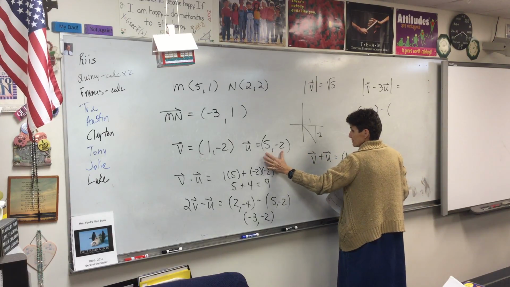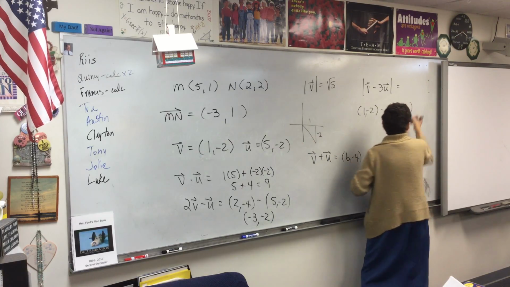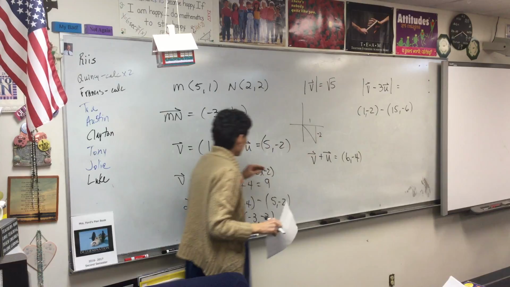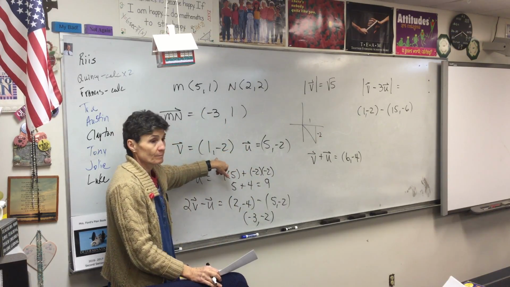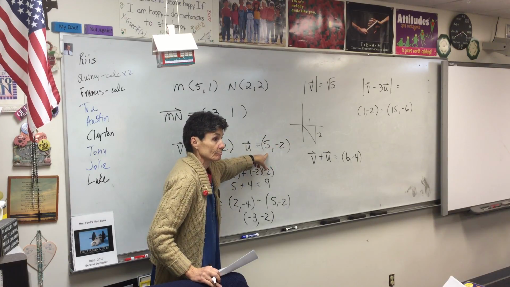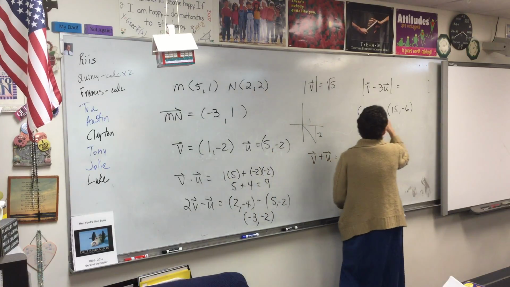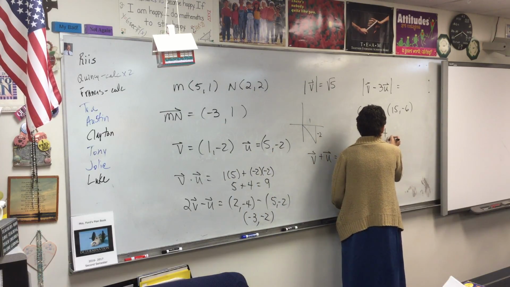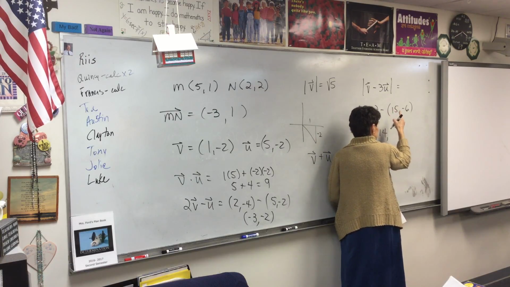Now, what would 3 of these be? 3 U's. 15, negative 6. So we're taking V minus 3 of these. All right, so here we go. 1 minus 15, negative 2 minus negative 6.